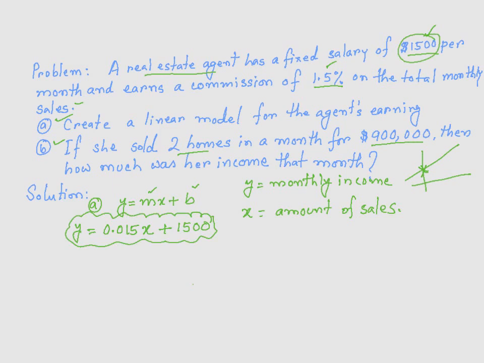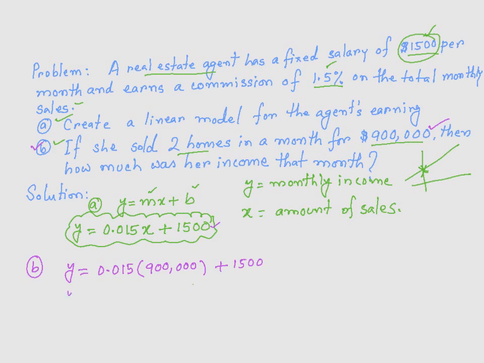So this is our linear model. Now we are going to apply this linear model to solve part B. Part B is asking how much money she made in a particular month if she sold 2 homes that brought in a sales revenue of 900,000. So all we have to do is put that value in: y is equal to 0.015 times the total revenue she generated, which is 900,000, plus her fixed income, which is 1500.